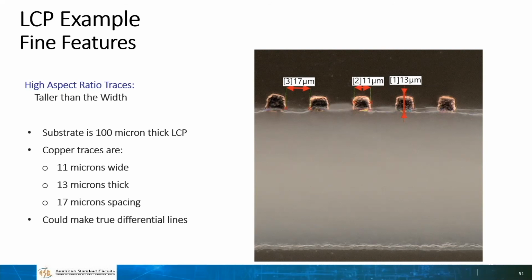Most differential traces that exist today, the vast majority of the coupling between either side of the differential trace is not to the opposite side, it's to the ground that's above or below it. And so you can get true differential line, which has a much better behavior in terms of radiating noise or being susceptible to other noise sources.